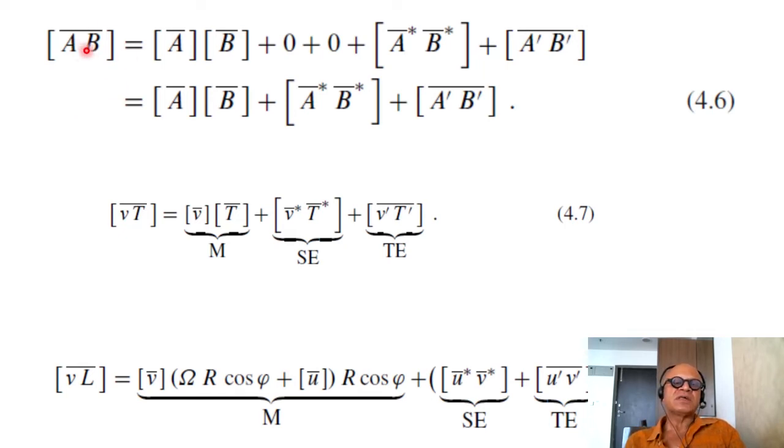So we took the time average and the spatial average and split it into multiplication of the time and spatial averages plus the transient terms, the eddy terms that go to 0, and the stationary eddy term that doesn't go to 0, and the transient eddy term that doesn't go to 0, which we wrote as this.